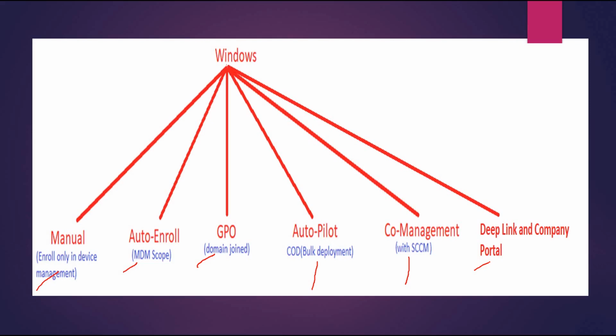So in the manual case, the device gets enrolled to Intune. That is all that happens. The device is only enrolled to Intune, nothing else happens at the back end. When is this used?